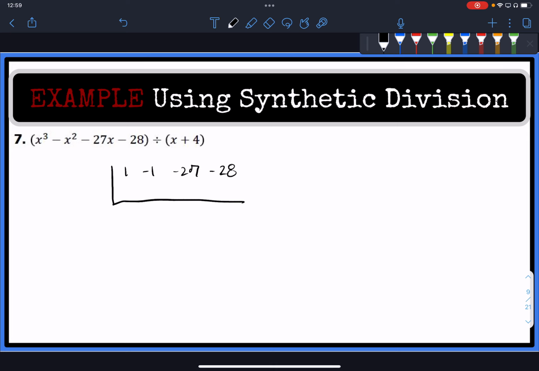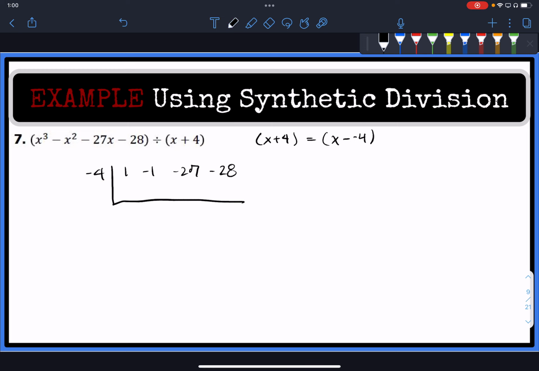The number that I'm subtracting here is a negative 4, because x plus 4 is the same thing as x minus negative 4. So the number I'm subtracting is negative 4. So in other words, you're simply getting the opposite of this number right here. So if it's plus 4, you write negative 4 out there.